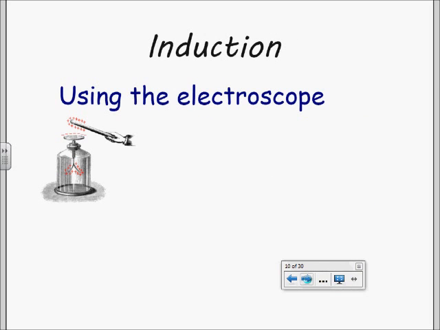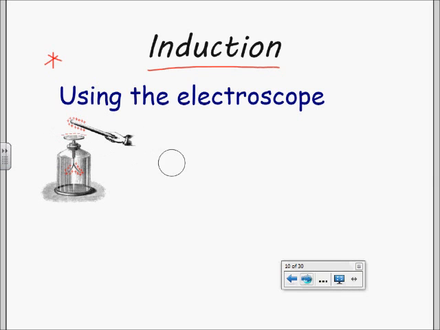Okay, induction, not something that the syllabus specifically mentions, so we're just going to mention this in passing. Nothing here that you need to write in your notes books. The electroscope is this device here. It's a device used for detecting the presence of electric charge. This rod is brought near the electroscope without actually touching it.